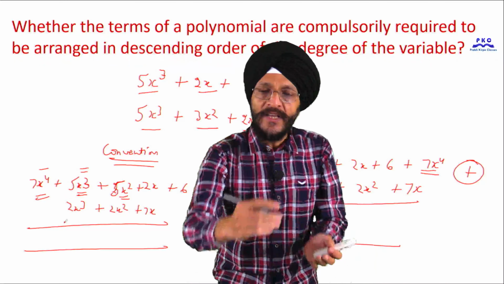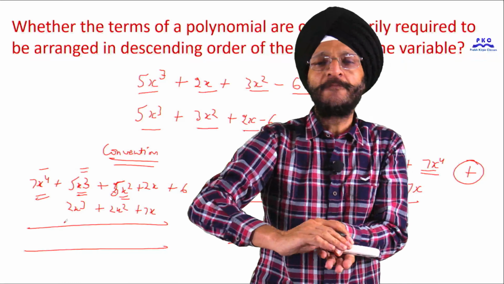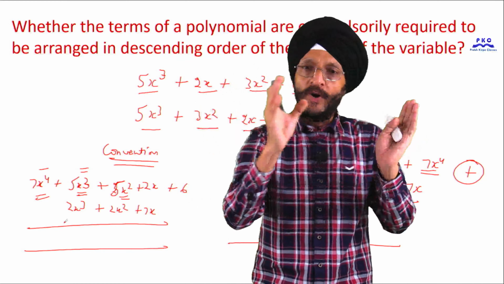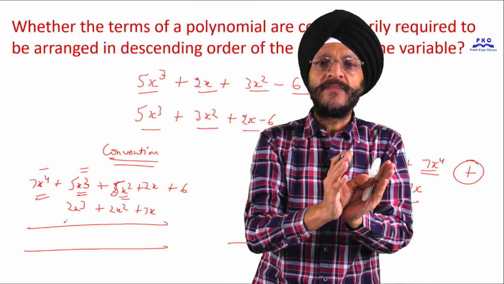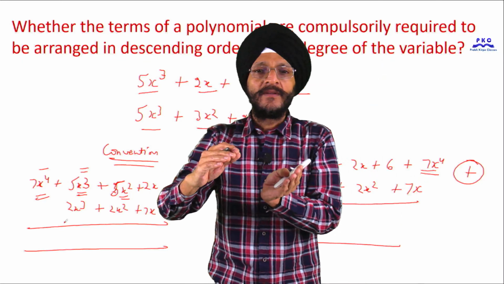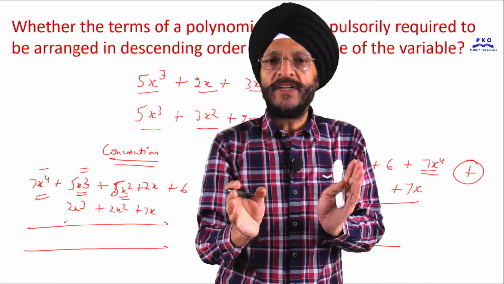In the same way we will arrange the next polynomial so that we can do addition or subtraction, and it becomes easy. So though it is not compulsory that the terms should be arranged in the descending order, it is by convention, or it is usually done so.